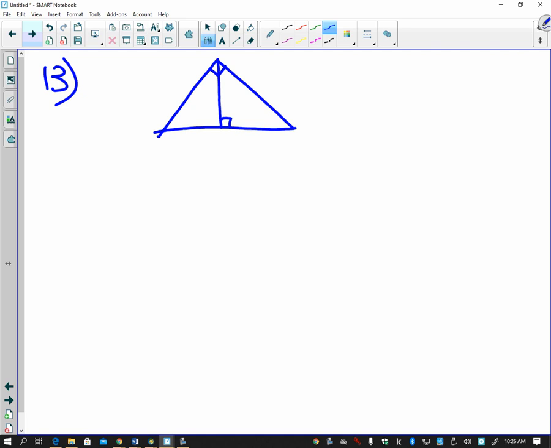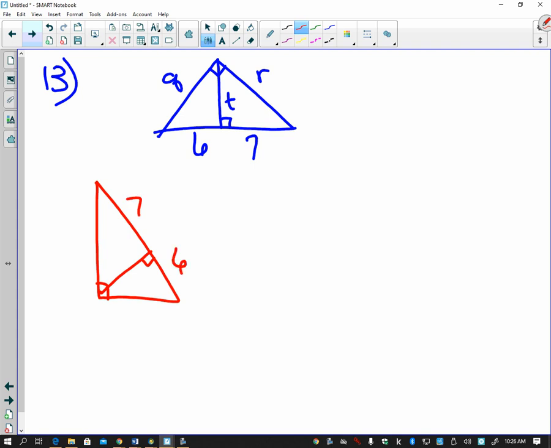We got Q, 6, T here, and R. What I'm going to do with this is I'm going to switch the orientation around to look like that. You don't necessarily need to do that, but it helps me. So I've got 7 here, 6 here, Q here, R here, and T here.